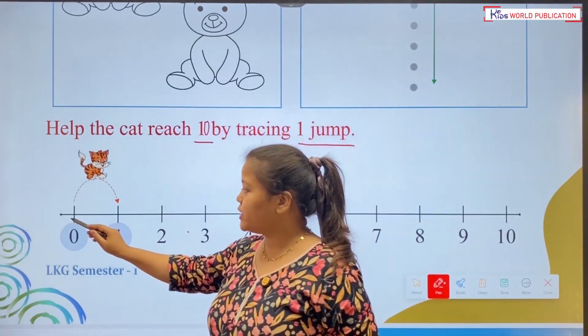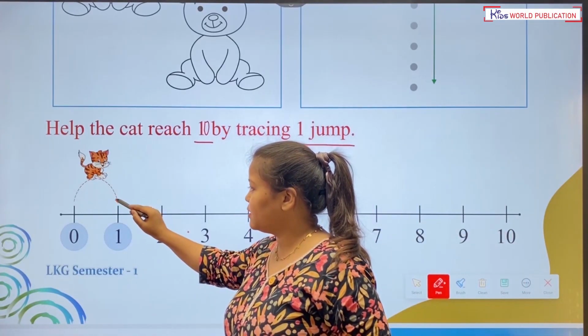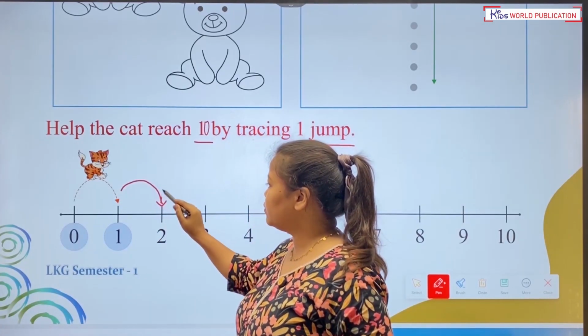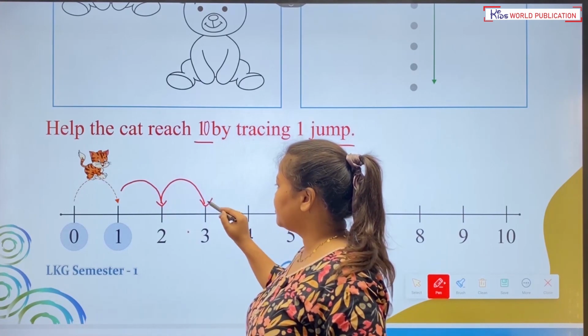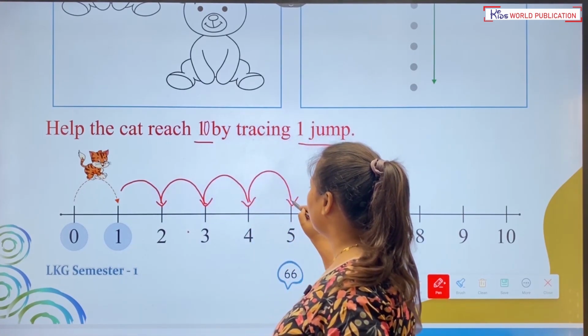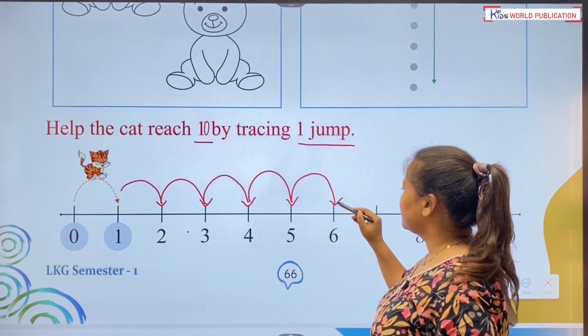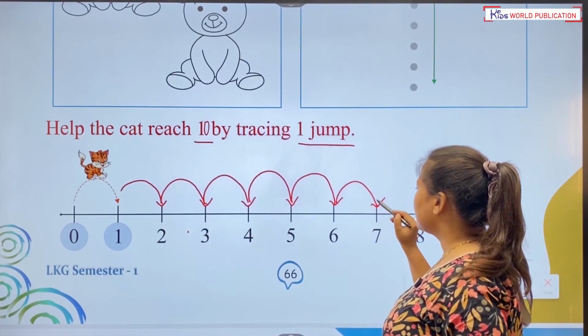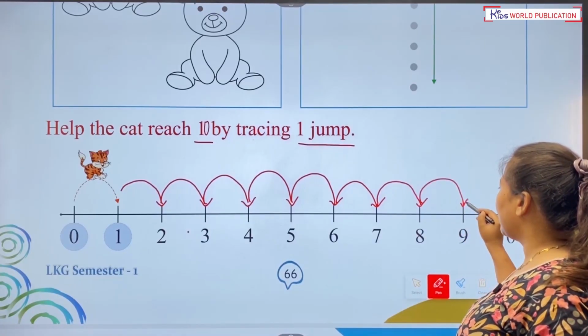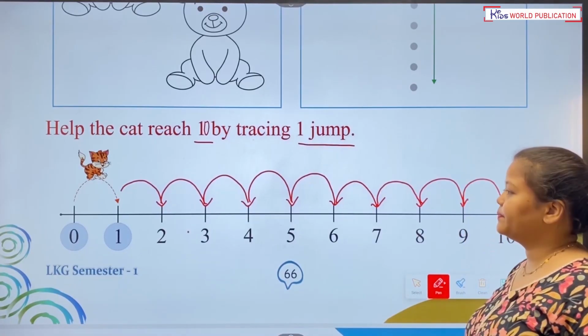For example, 0 to 1, then 1 to 2, 2 to 3, 3 to 4, 4 to 5, 5 to 6, 6 to 7, 7 to 8, 8 to 9, and 9 to 10.